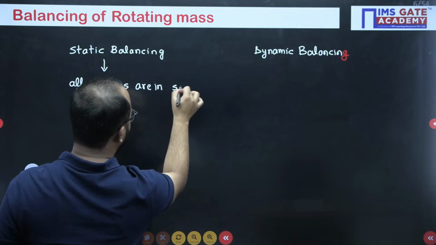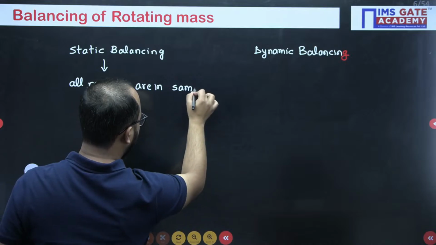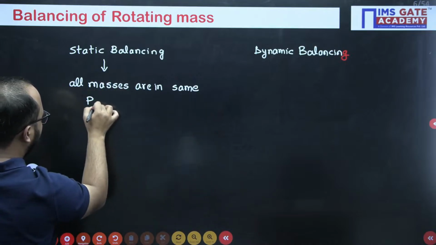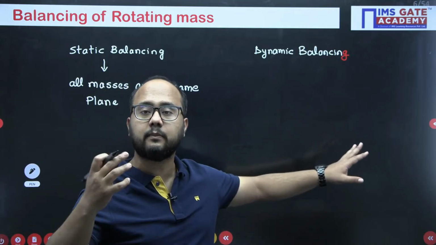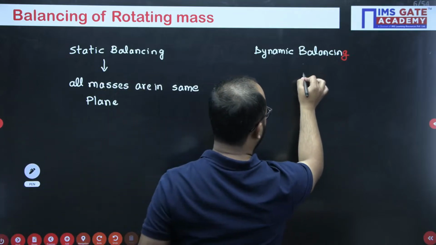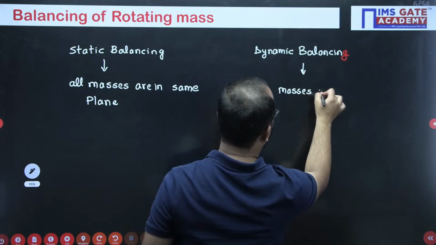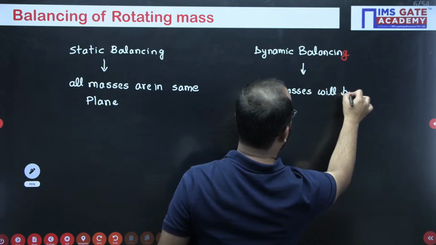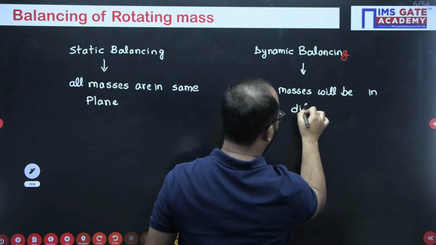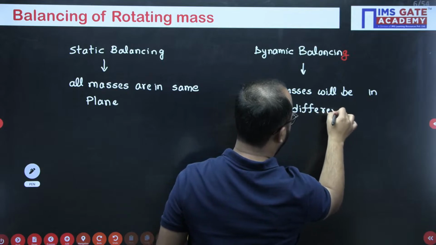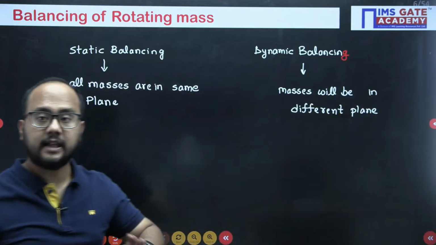But in case of dynamic balancing, masses will be in different planes, right? So that is the basic difference.